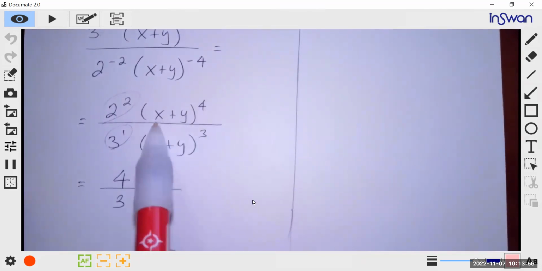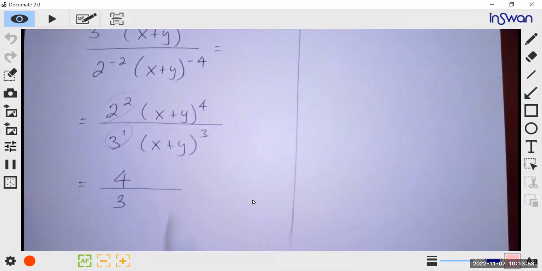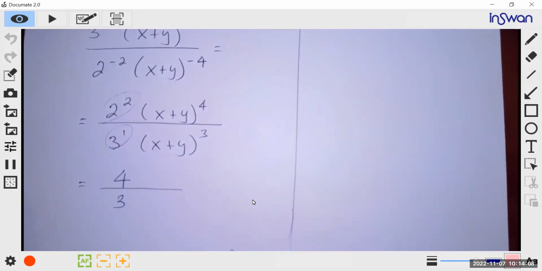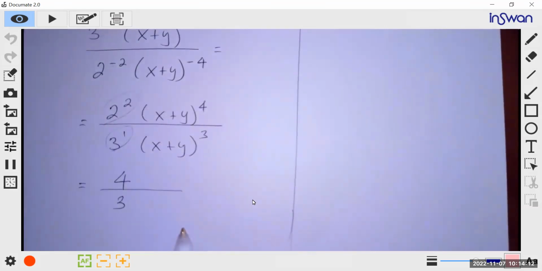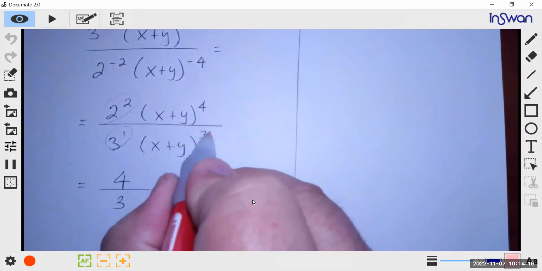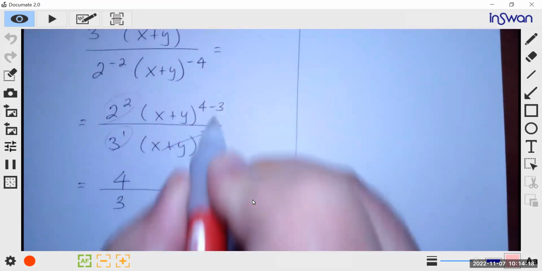But now look at these guys. What do we have left? Aren't they the same bases? There's 4 of them up here and 3 of them down here. What do you do? Because they're opposite signs, you would subtract the exponents.